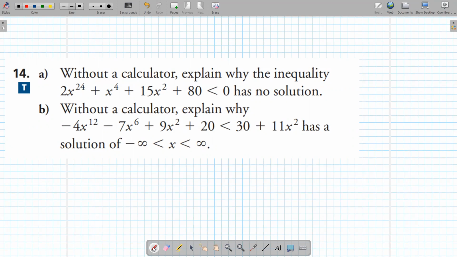Any ideas whatsoever? No solution means we want to find when this f of x is less than 0 or negative. So it's basically telling us that it'll never be negative. That's what no solution means.